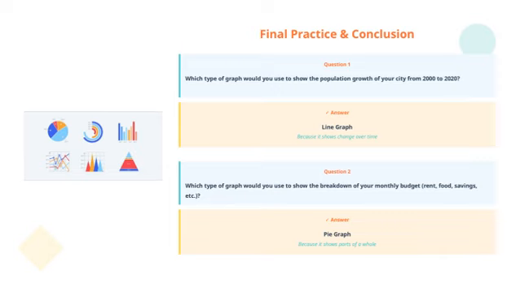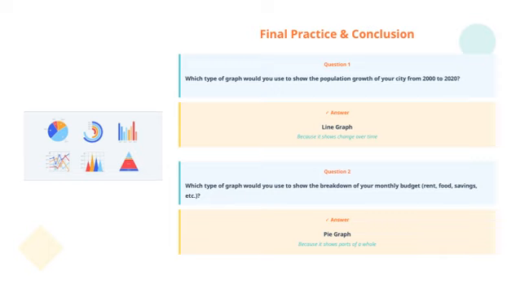Next, we looked at the line graph, which is ideal for showing change over time. Suppose you want to track your city's population growth from 2000 to 2020. A line graph illustrates the trend across those years, making it easy to see whether the population is increasing, decreasing, or remaining stable over the period.